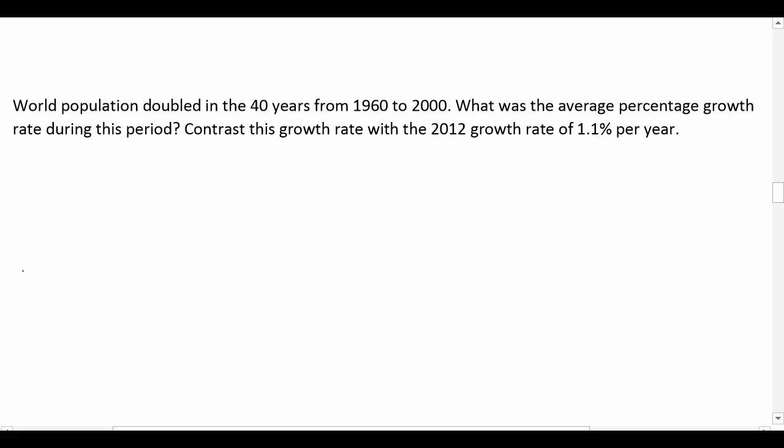World population doubled in 40 years from 1960 to 2000. What was the average growth percentage rate during this period? Contrast this to the growth rate of 1.1% per year. Okay, so let's go back here. We're saying that the double time is 70 over p, or another way to write that is p is 70 divided by the double time.